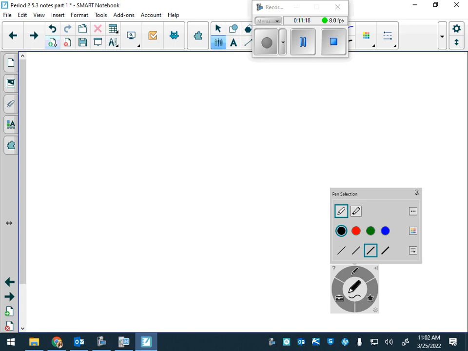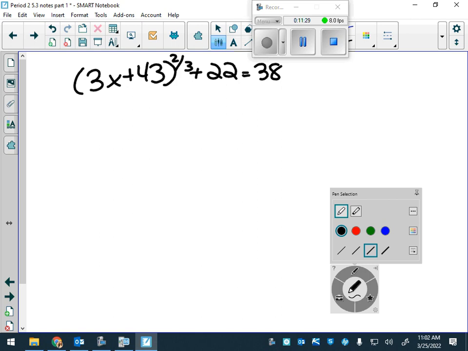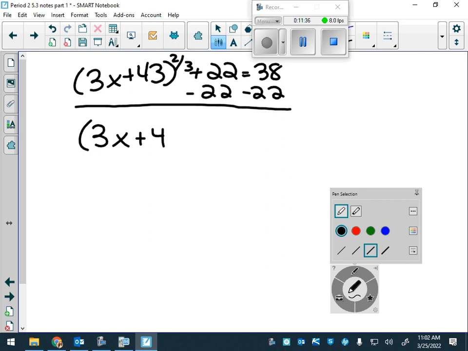Okay. So you have 3x plus 4, to the 2/3. So you have to subtract 22 first, right? 3x plus 4, to the 2/3 equals 16. Now, I have to raise this whole thing to the 3/2.